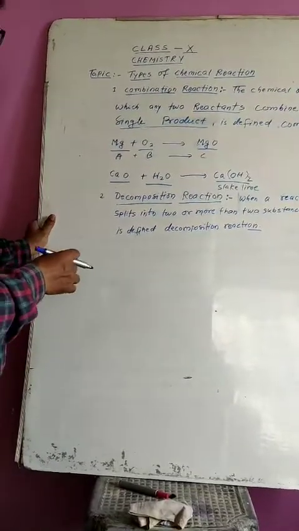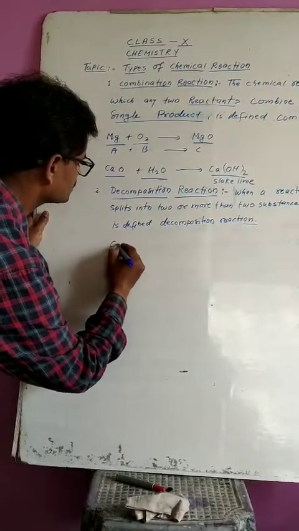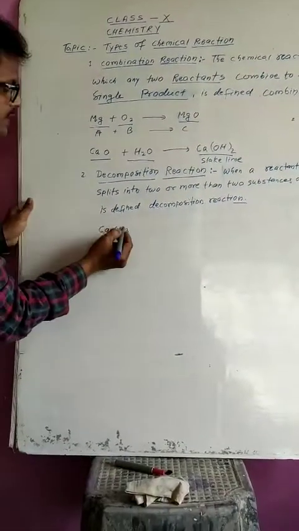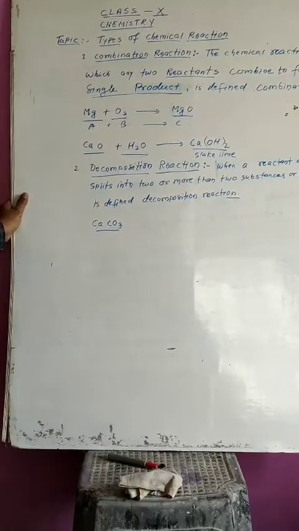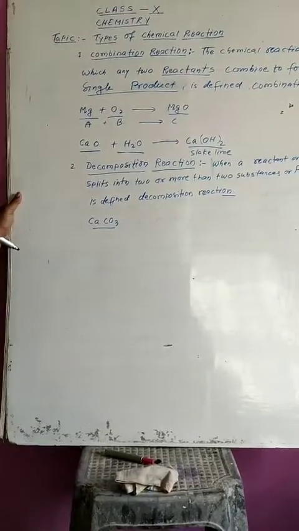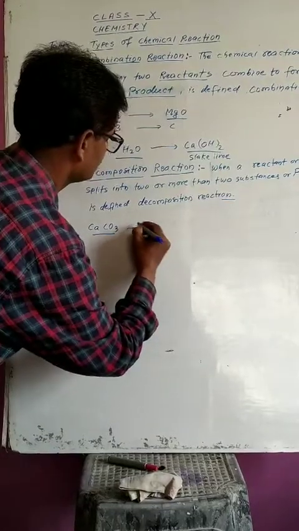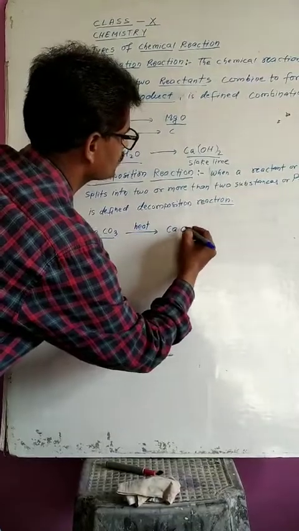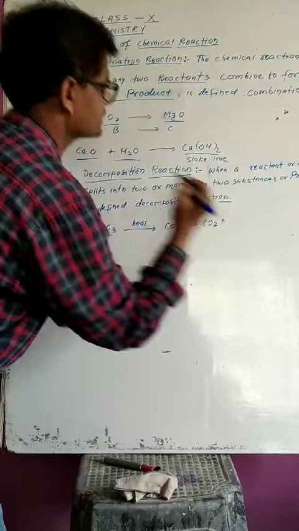And here we see CaCO3. It is also named limestone. It is also the chemical formula of marble. Whenever it is heated, it splits into calcium oxide and carbon dioxide gas.